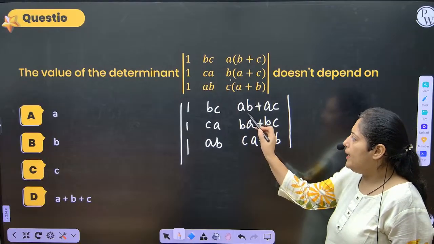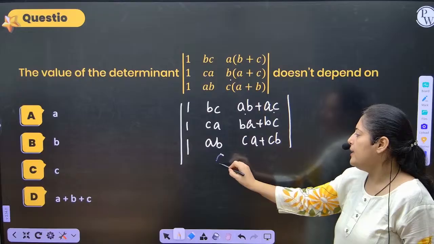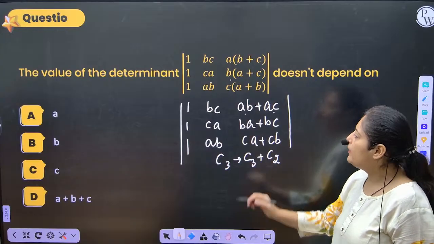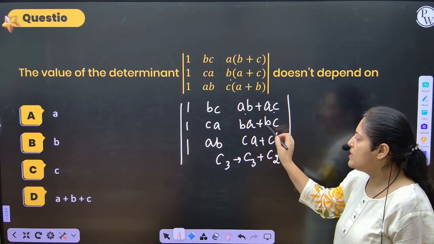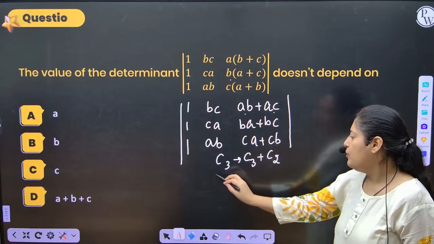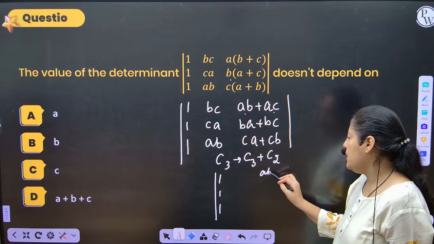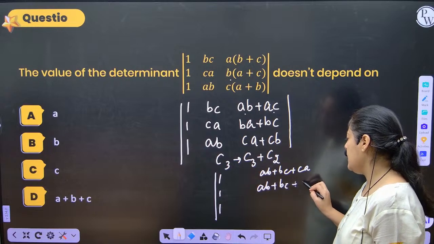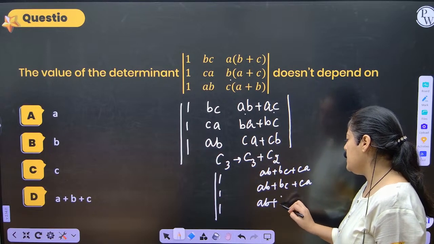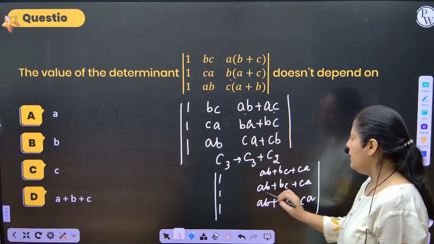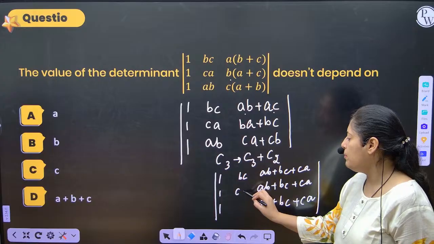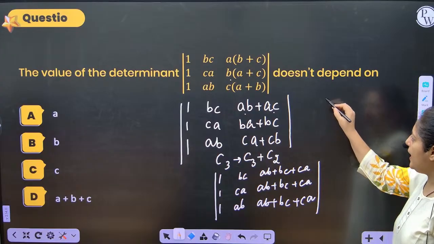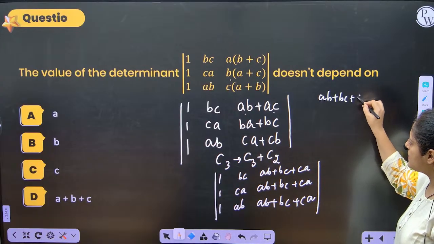Now see, if I add column 2 to column 3, what will it become? AB, BC, CA in every row. The full column becomes AB + BC + CA, and the middle column remains the same. Now AB + BC + CA I can take common.